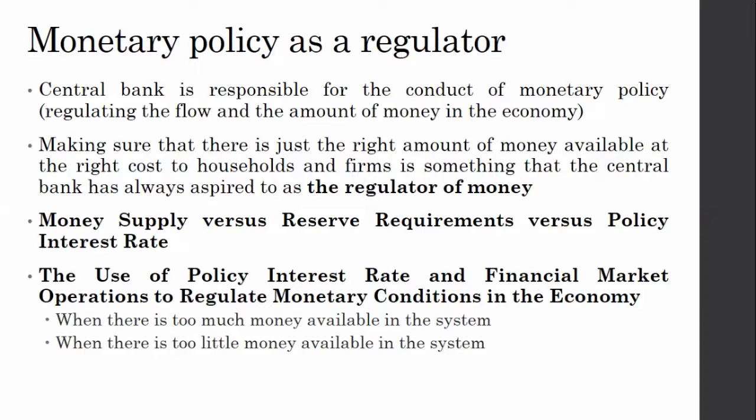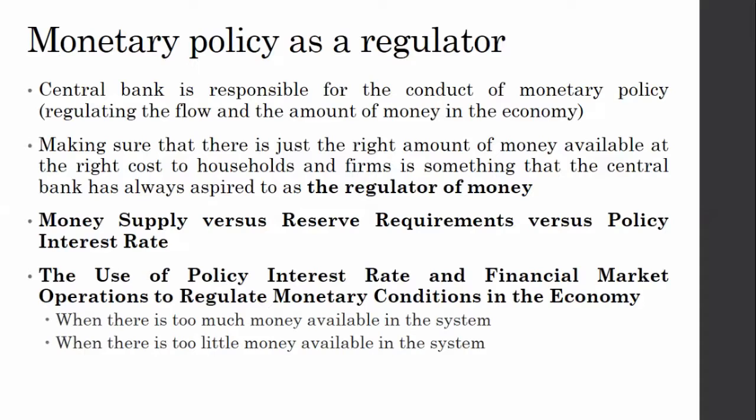All right. So we say that the central bank is responsible for the conduct of monetary policy. That means simply regulating the flow and the amount of money in the economy. So simply, they have to make sure that there is just the right amount of money available at the right cost to households and firms.